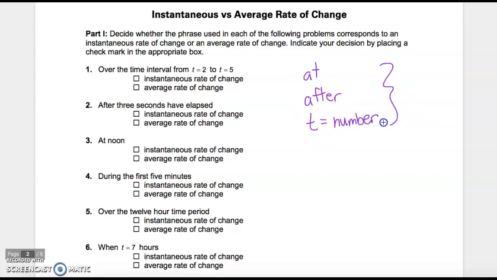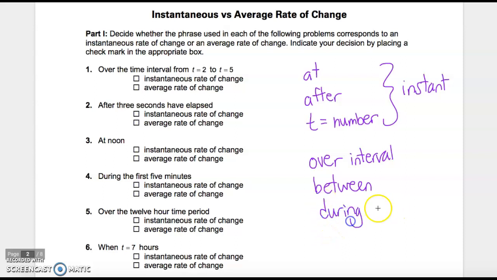These would all be examples of something happening at an instant, whereas if it's over a time interval, or between two numbers, or during a time interval, those would all be examples of an average rate of change.